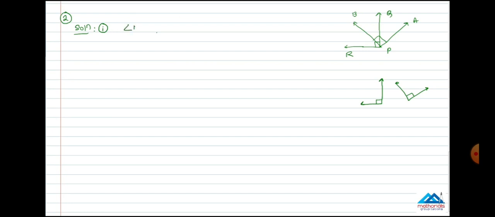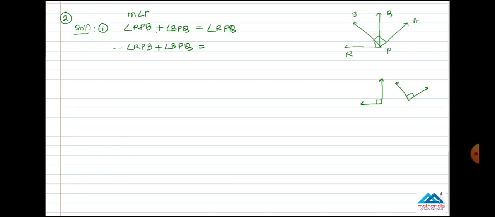So here major angle RPQ in which there are two small angles RPB and BPQ, so RPB plus BPQ equals 90 degrees because the figure is showing 90 degrees.